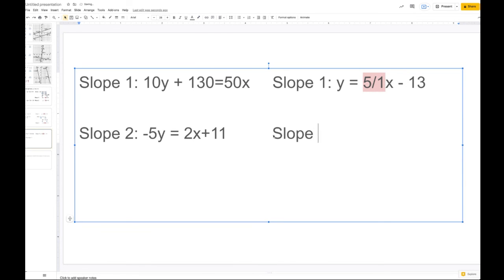Now going on to slope number 2. Thank you so much, Troy, for helping us in the class with number 1. And what about the second one?